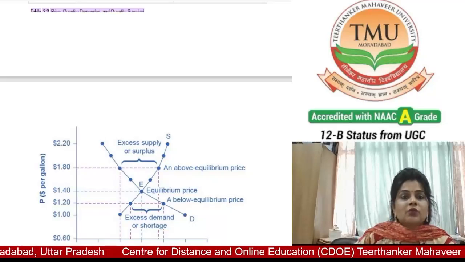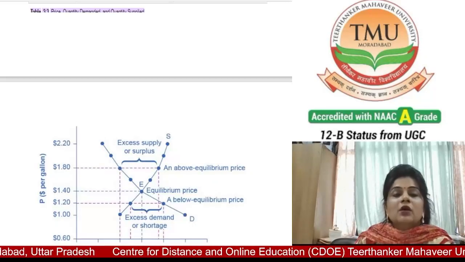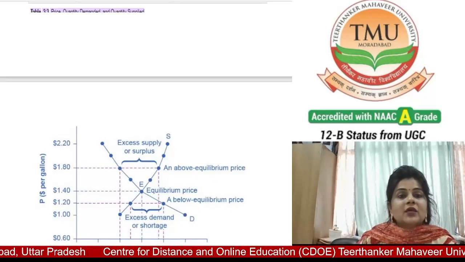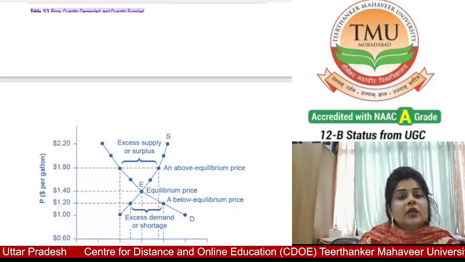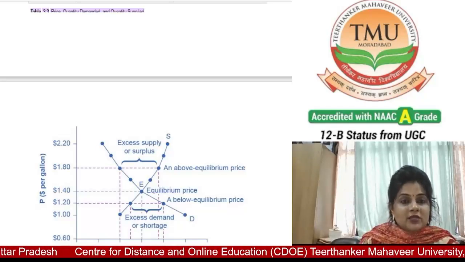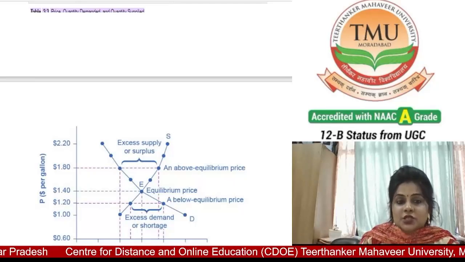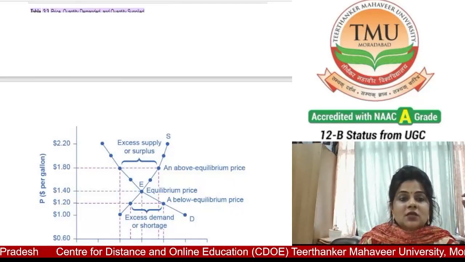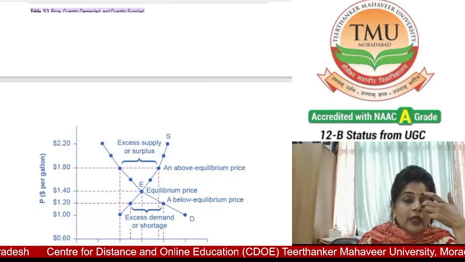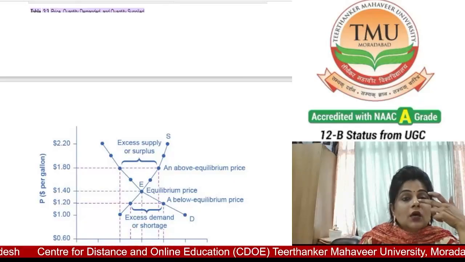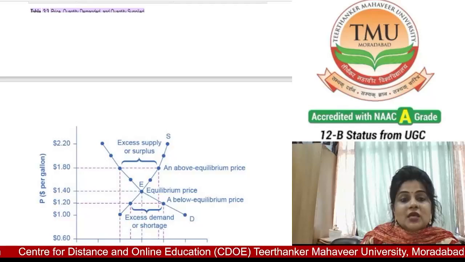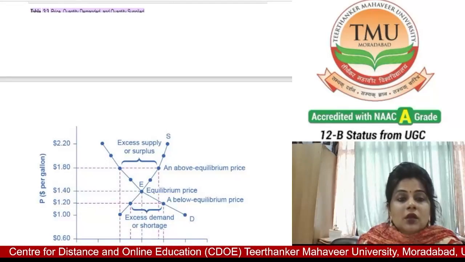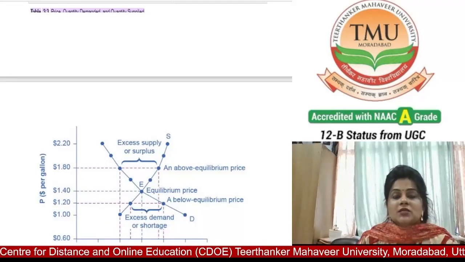So in this topic, we have examined the model of market equilibrium, where we found that the demand curve shows the quantity demanded at each price, all other things unchanged. The law of demand says that an increase in price decreases the quantity demanded, and a decrease in price increases the quantity demanded, all other things unchanged.